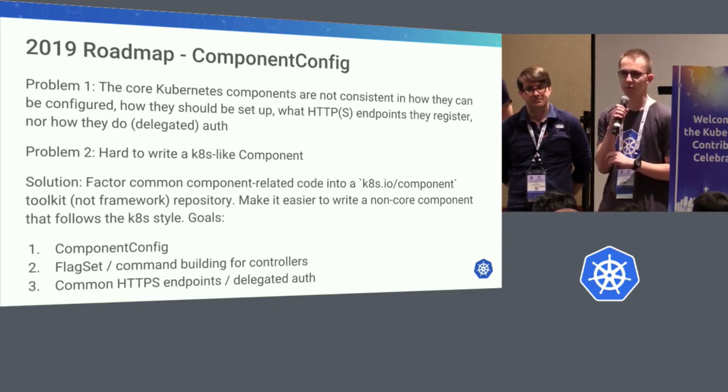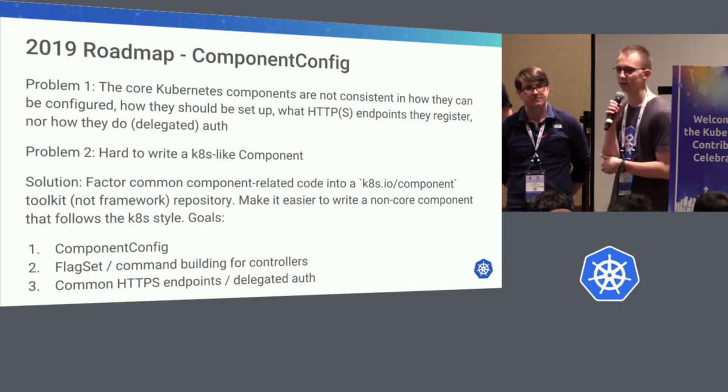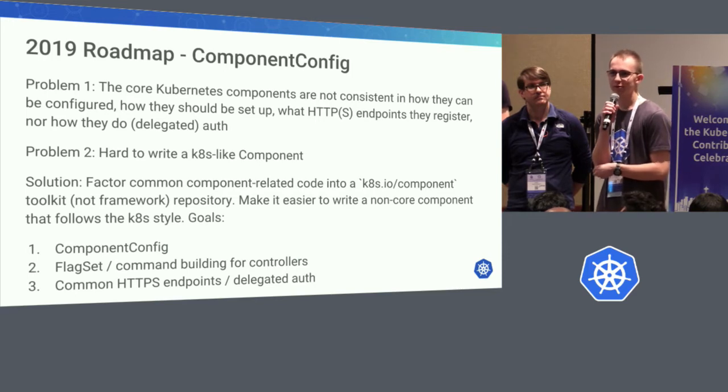And then we also have loads of architectural, code structural problems inside of the core. So basically all the components implement the same kind of features in a slightly different way, duplicating a lot of code.